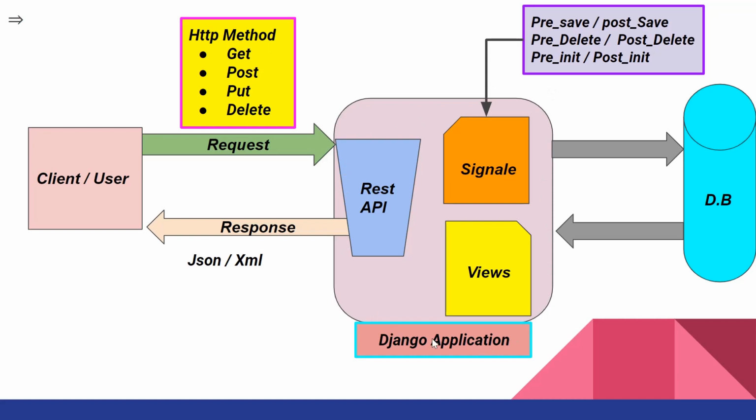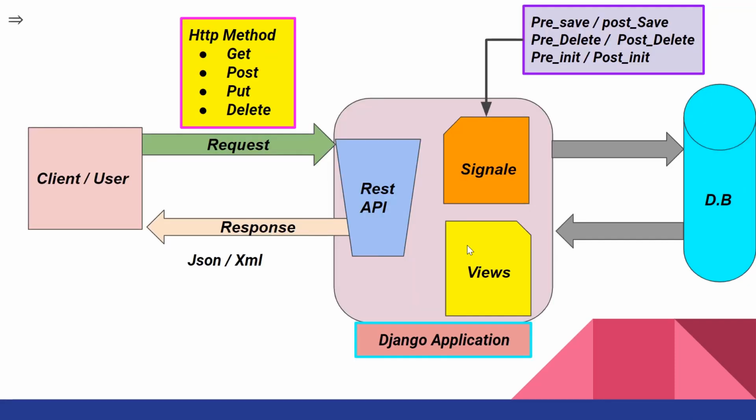Views is the request and response handler, and it creates the data. Suppose there are two tables in the model: the user table with username and user mobile number, and a second table with address and city. The tables are connected, and by default the mobile number and address are used.